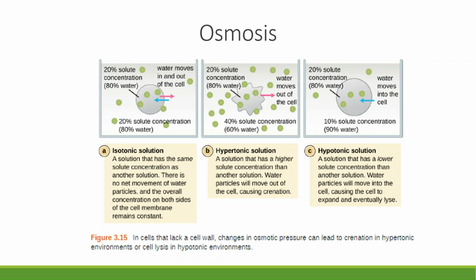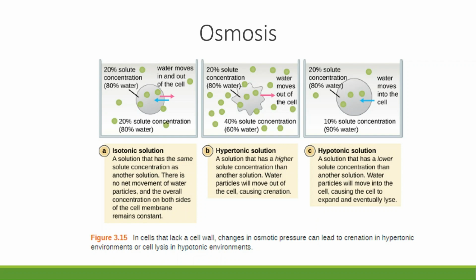In example A, the ratio of solute to water molecules is relatively the same inside and outside of the cell. We call this isotonic. Tonic is the fluid surrounding the cells. Think about tonic water that you would buy at the grocery store. The tonic is the fluid that the cells are floating within.